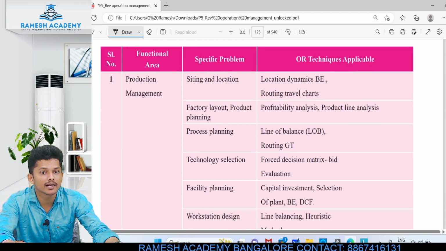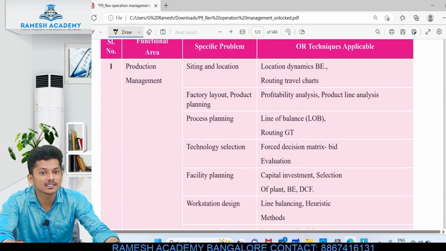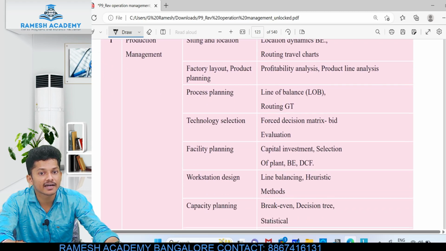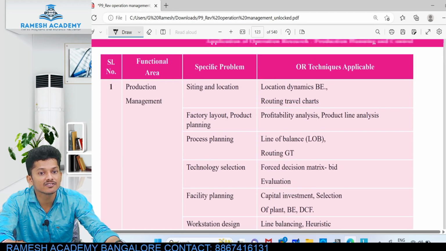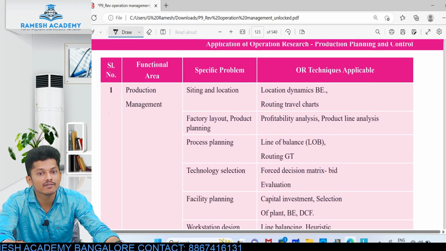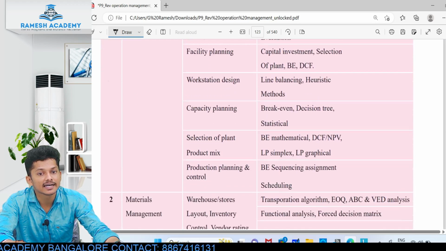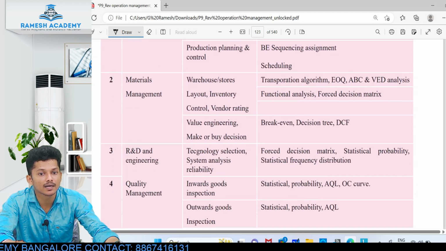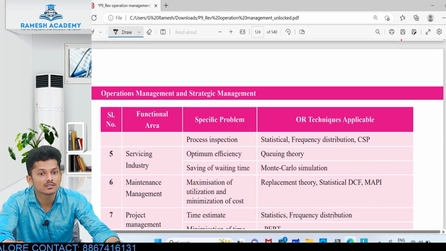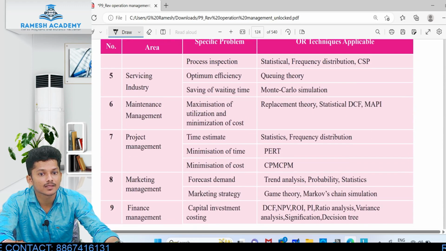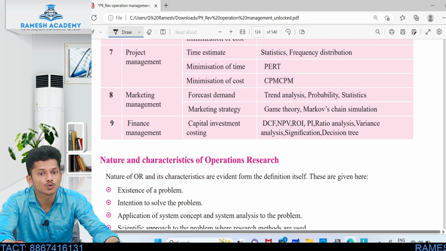See, production management: site selection, location dynamics, and then routing, travel charts, factory layout and product, and then process planning. So under each specific problem, a different technique is available, applicable in these areas. Okay, got it? The general part, kindly go through those things.